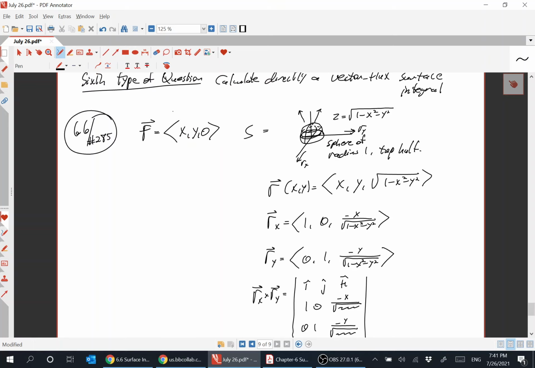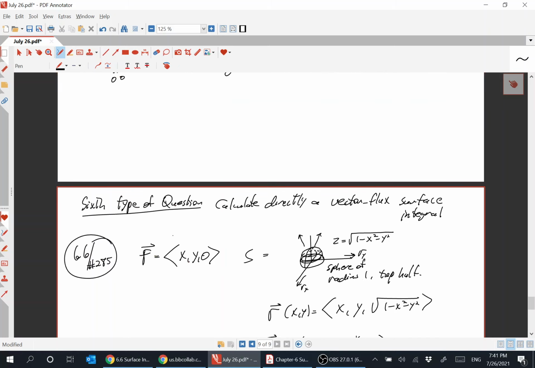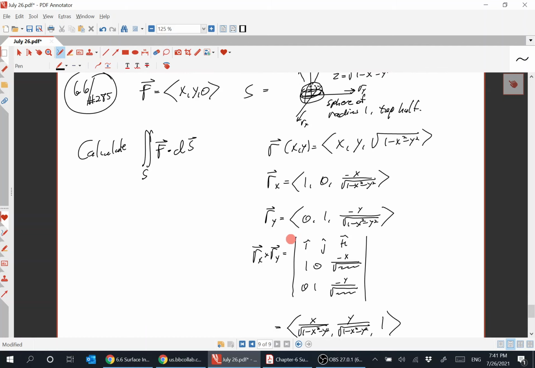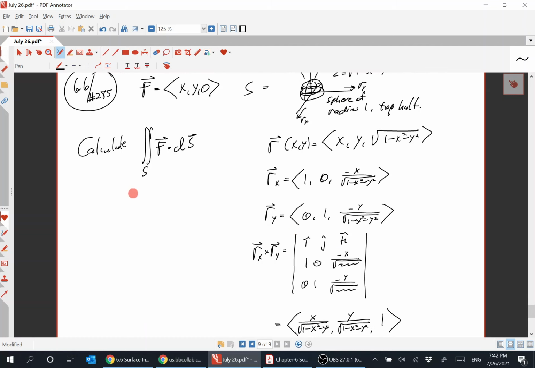So now we want to calculate the surface integral of F dot dS over S. Okay, they say dS, or sometimes they write it like this, F dot n, which is the unit normal vector, dS, for the ordinary surface integral, but that's just the way it's defined.